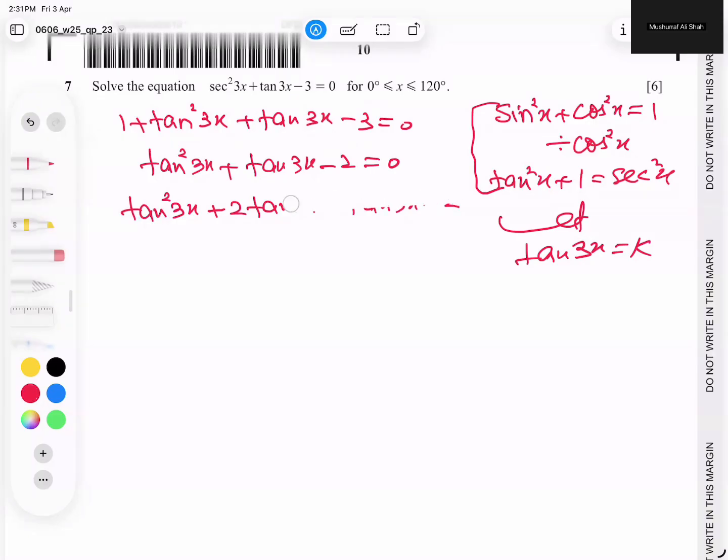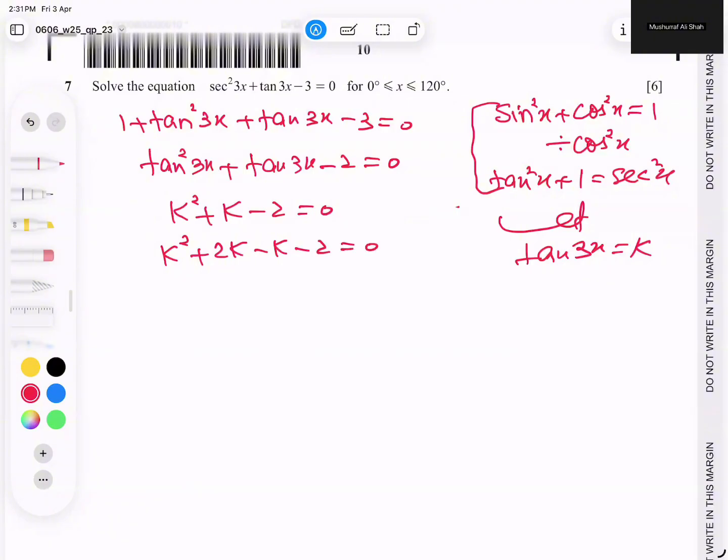If you're not comfortable, we can go with the second method. I assume k, so k square plus k negative 2 is equal to 0. Factorization: 2 ones are 2, 2k minus k minus 2 is equal to 0. So k common from here, k plus 2, negative 1 common from here, k plus 2 is equal to 0.